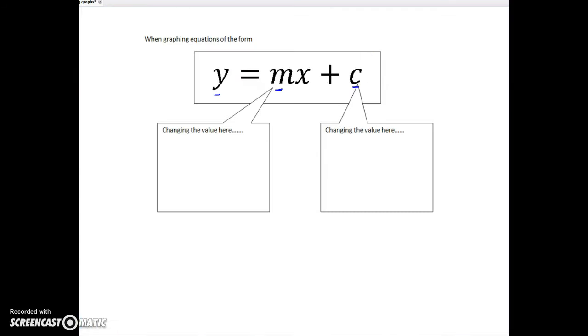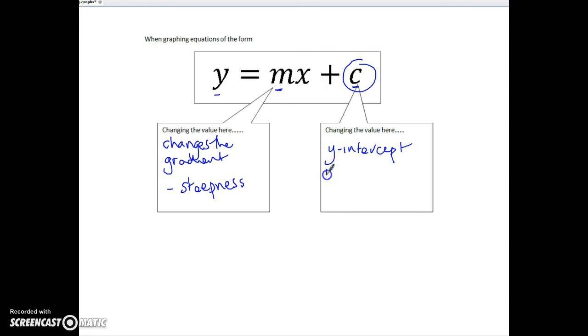So putting it into here, changing that value of the m changes the gradient. And we know another word for gradient is the steepness. For this value here, the c, that changes what we call the y-intercept.